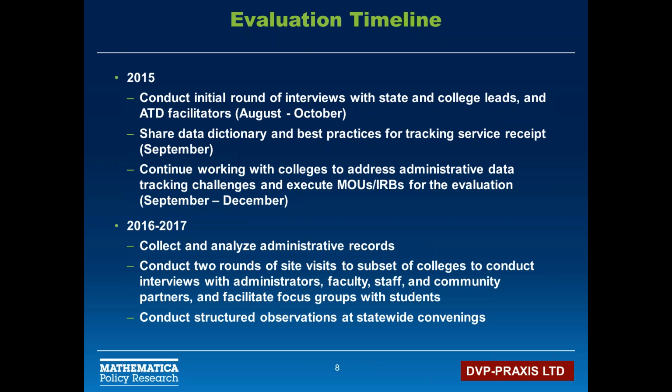For example, some IRBs won't allow the release of certain personally identifiable information like students' names or social security numbers. And that's fine because we only need some kind of consistent and unique identifier that follows students across the terms. However, if colleges would like assistance with linking data, some data may use a social security number, for example.